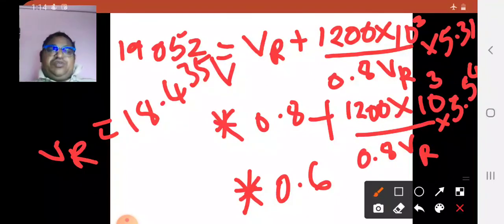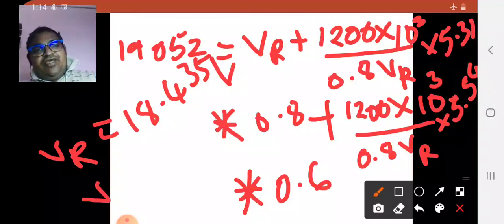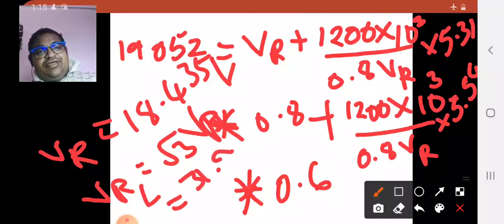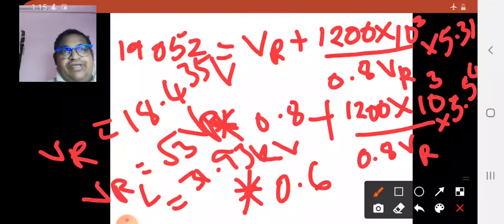This is phase voltage. Line voltage VR is equal to root 3 into VR. If you do this, you will get 31.93 kilovolts. Try to solve this.